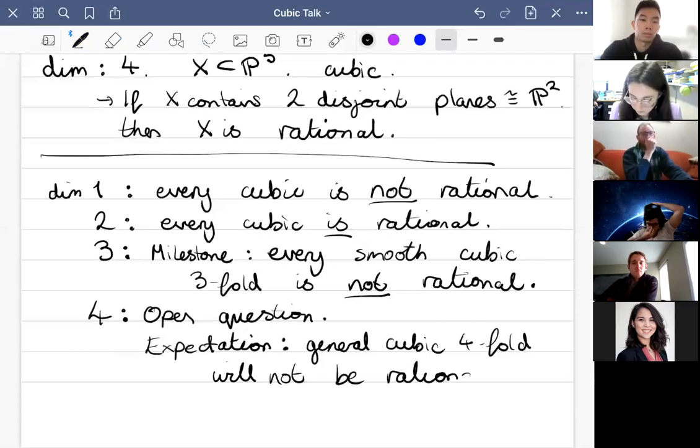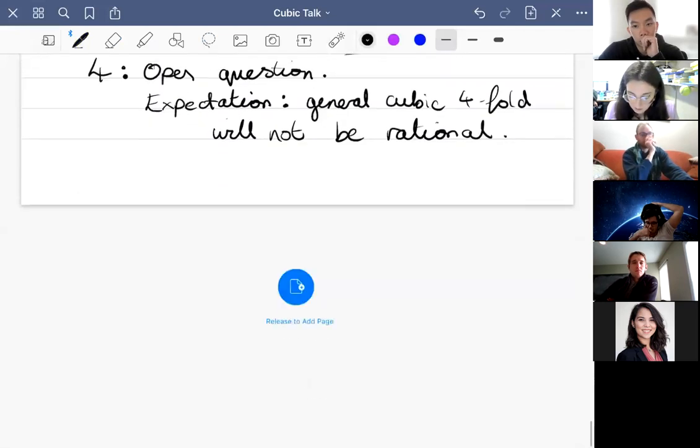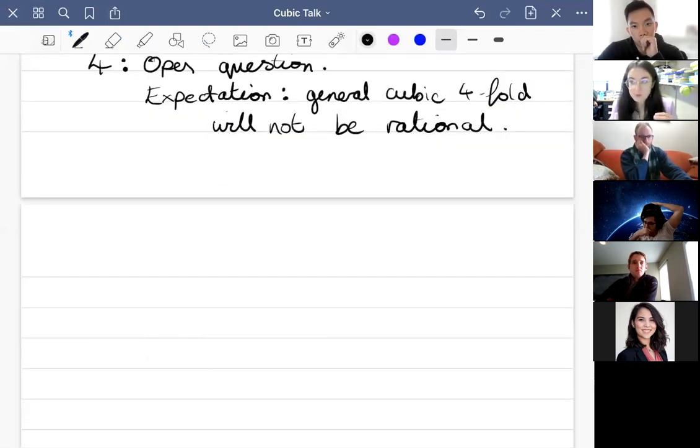So being rational is very special. On the flip side, although this is the expectation, there are no known cubic fourfolds that are irrational.